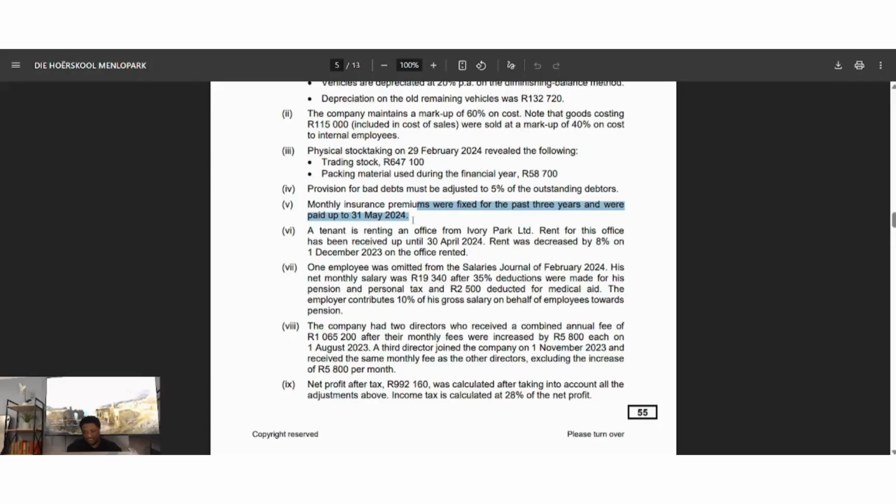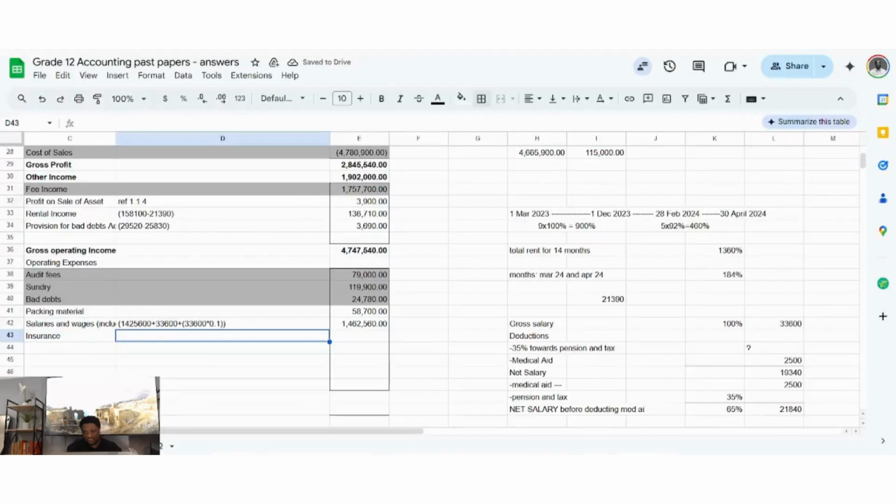And so how many of those months lie outside the financial year? It's basically March 2024, April 2024, and May 2024. So then we would take our 100,800, then multiplied by the months that are inside the financial year, divide by the ones that are outside.